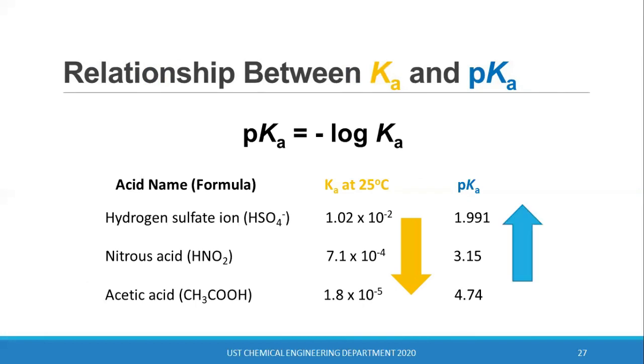From here, we can deduce that since larger Ka values signify greater strength of acids, stronger acids tend to have low pKa values. In this set, we can say that hydrogen sulfate ion is the strongest among the weak acids on this list.